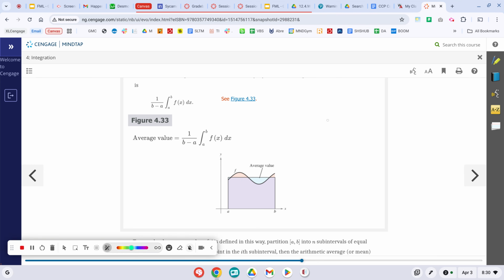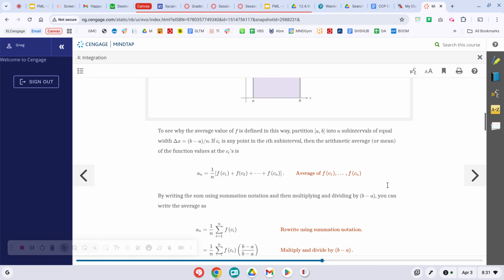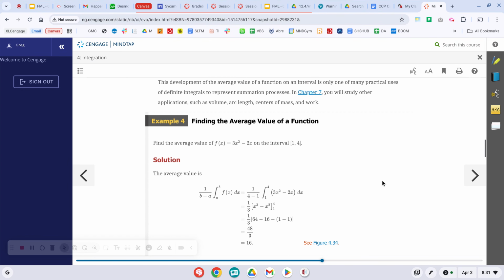You get inches, okay? So if we can find the average value, we can find like the average amount of snowfall per hour. We can kind of like estimate it. This is how this is actually done, okay? So this is a proof. We're going to skip by the proof and we're going to look at an example.